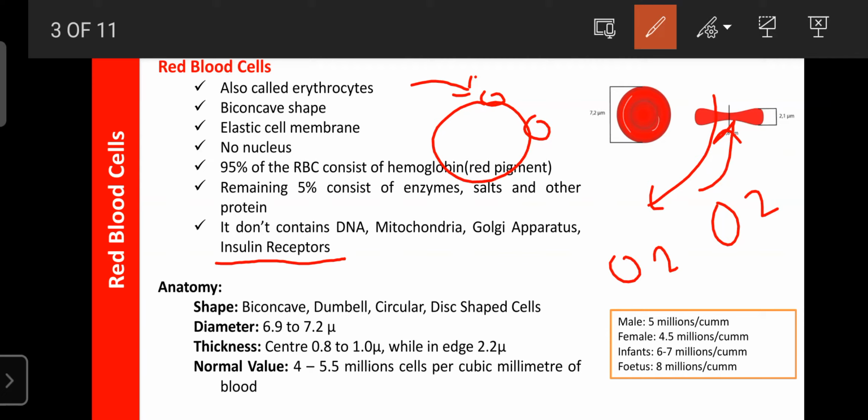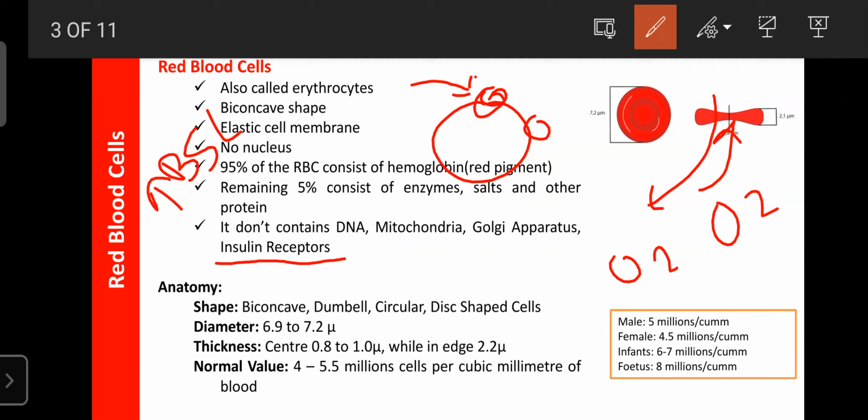When our blood sugar level is more than normal, that gives a signal to the pancreatic gland. The pancreatic gland then secretes insulin, and the released insulin acts on the insulin receptors present on the cells.